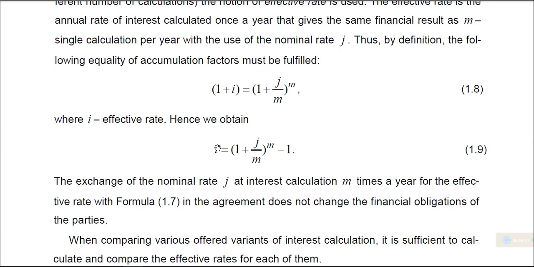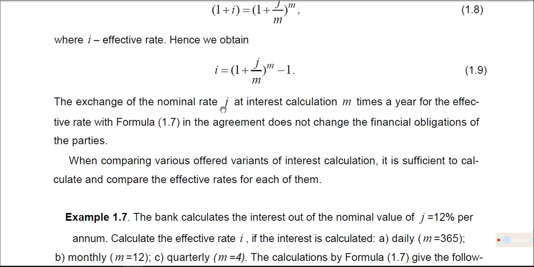Hence we obtain our value for the interest rate i is equal to 1 plus J over M raised to the power of M, minus 1. So the exchange of the nominal rate J at interest calculation M times a year for the effective rate is with formula 1.7.